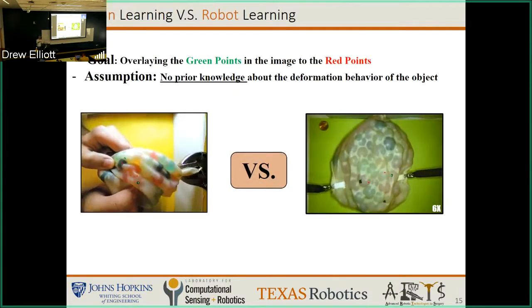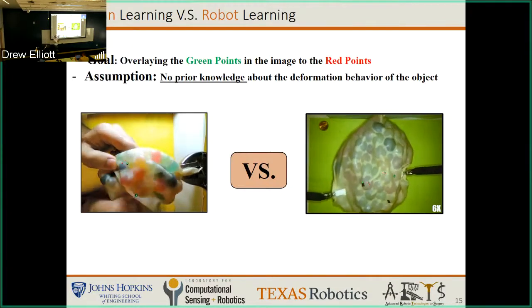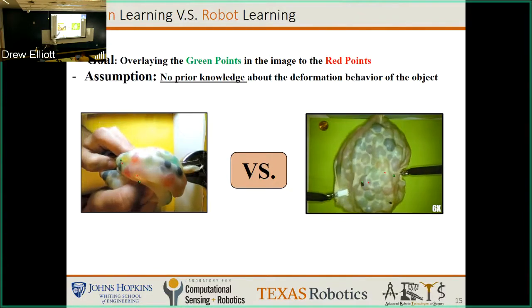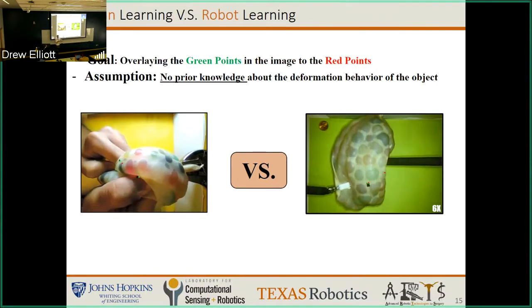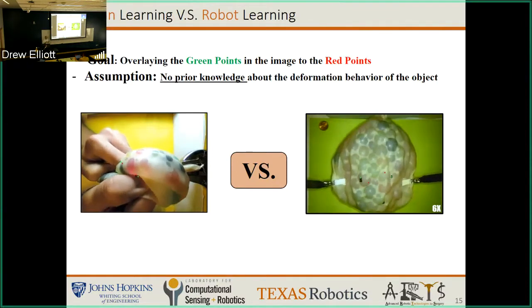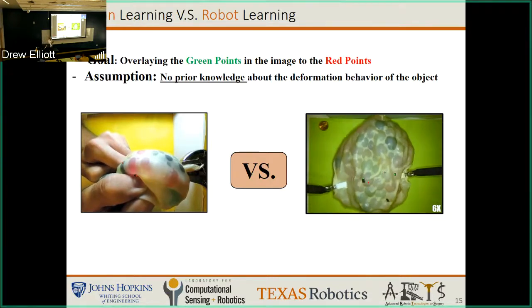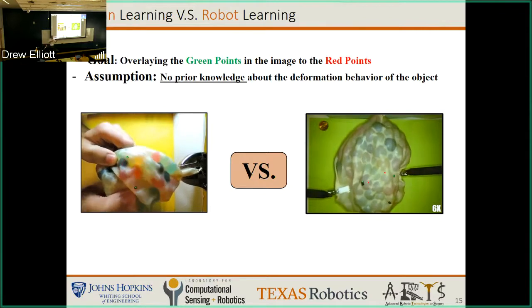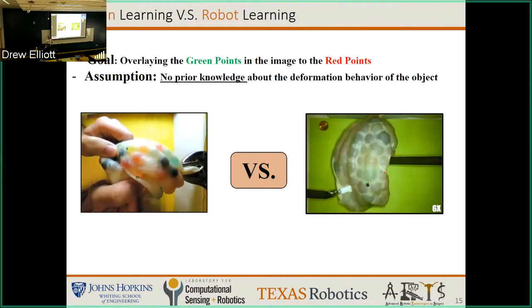I'm going to show you some experiments that we did, using that algorithm. I challenged my lab mate Shahriar to compare with the algorithm, to see which one is doing best. But the key here is that the algorithm somehow works like a human. If I give you an unknown deformable object, what you do is start manipulating it, and in your head you map that deformation and try to understand.